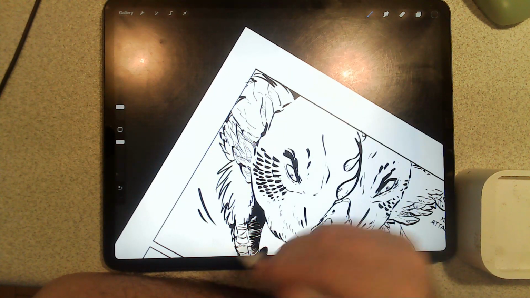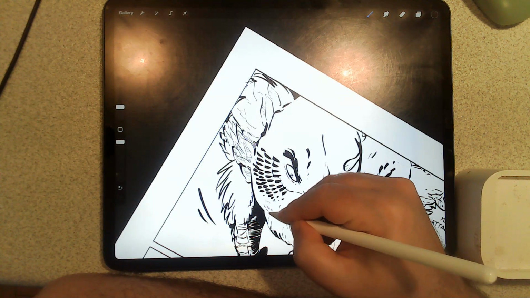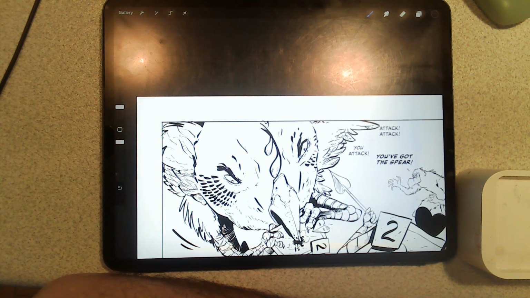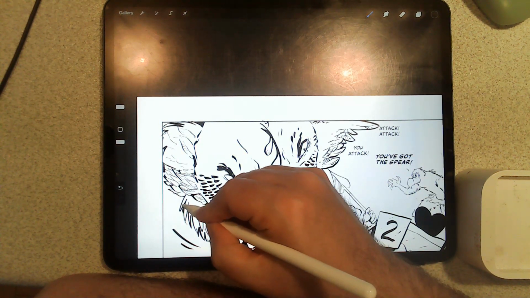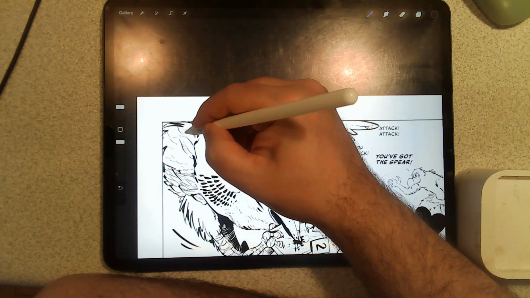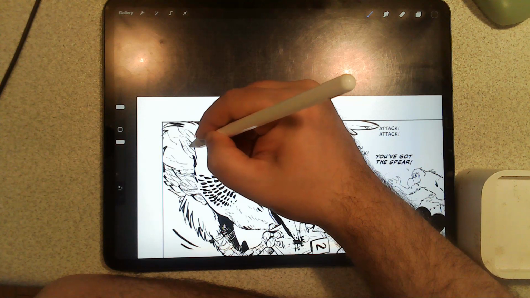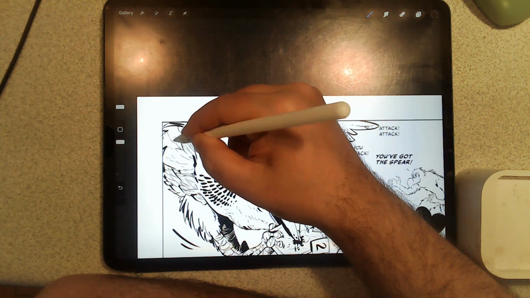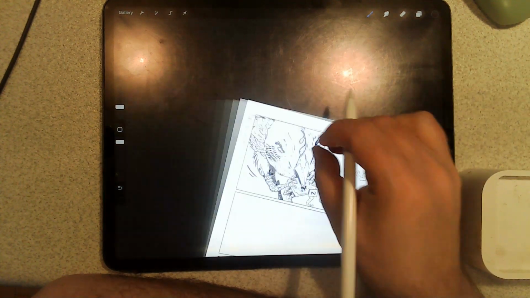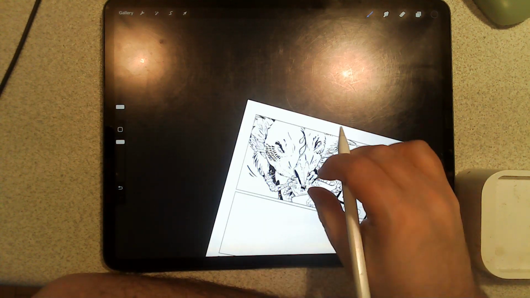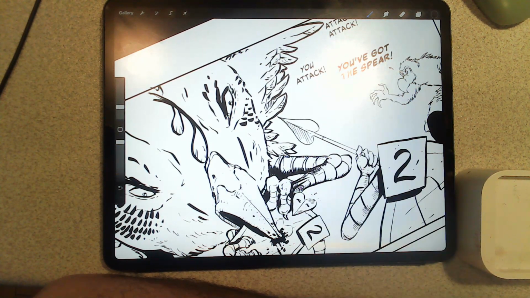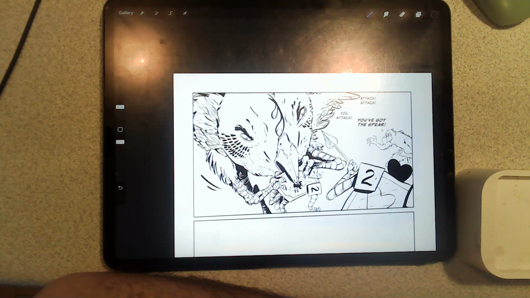The art has to be fun to look at. If we can just black that out, it might be better.